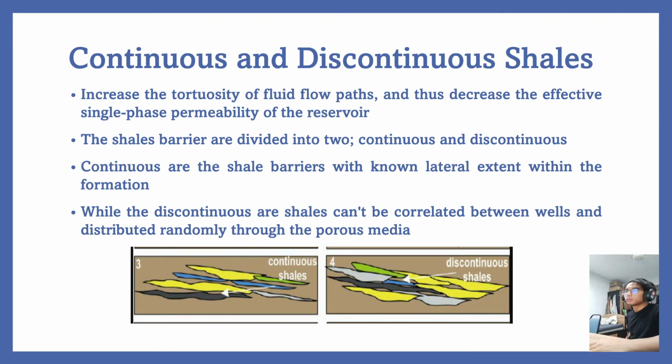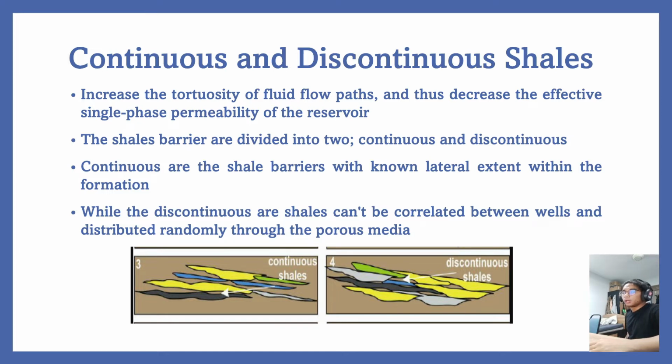Next, we will talk about shales. The function of the shales is to increase the tortuosity of the fluid flow path and thus decrease the effective single-phase permeability of the reservoir.